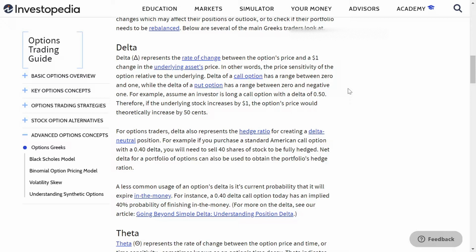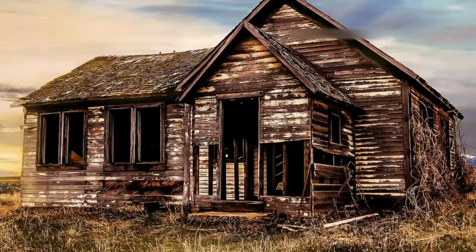Every dollar that the share price moves, that is $50 each time. But then there are other Greeks that mix in and change that rate. We're going to get into the next one here.